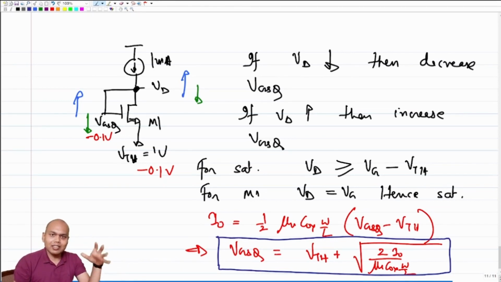So naturally the transistor VGS auto adjusts itself. So a transistor VGS auto corrects under the condition of constant current source biasing. Okay, so that is the beauty of using constant current source biasing instead of constant voltage source biasing. We will talk about this in more detail in the next lecture.